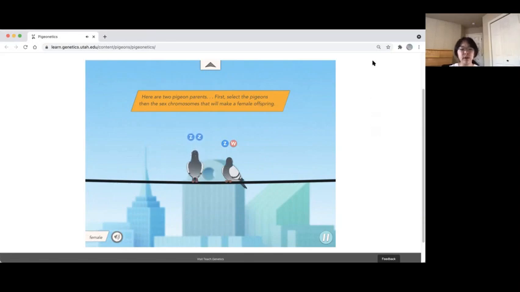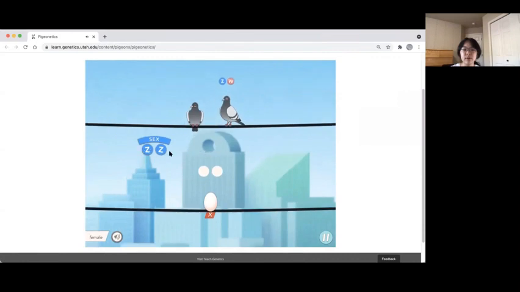Okay, well, if you guys are really stuck, I'll just go ahead and start. First we have our dad pigeon, you can see his chromosomes, and our mom pigeon. For a female pigeon, you will need a Z and a W chromosome, one from your dad and the other from your mom.